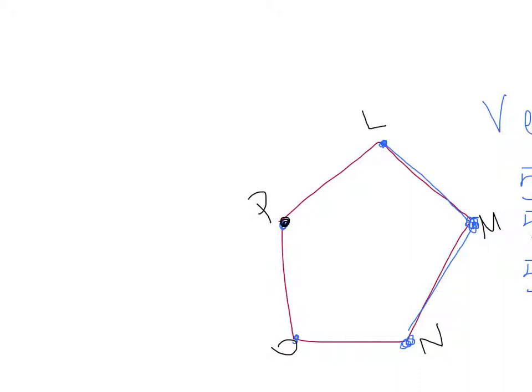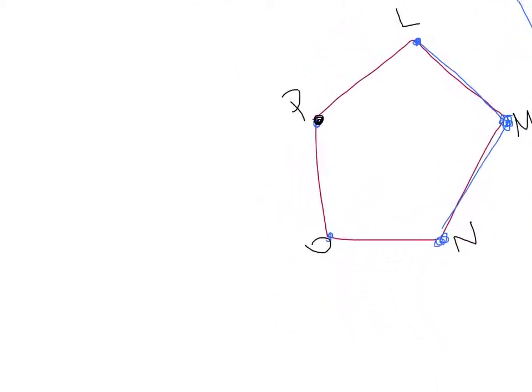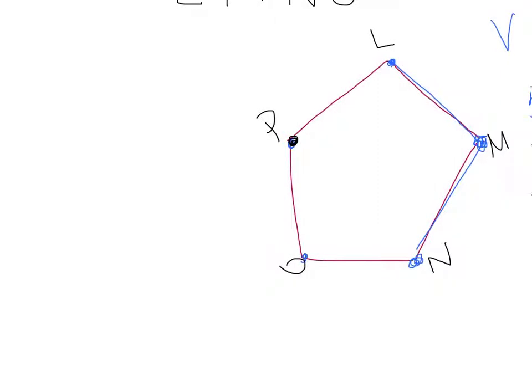If I asked you to give me a name for the pentagon with letters, you wouldn't just say it's a pentagon. You would say it's pentagon LMNOP. It could also, if not LMNOP, be called MNOPL. 5 letters, 5 sides, 5 angles, 5 vertices.